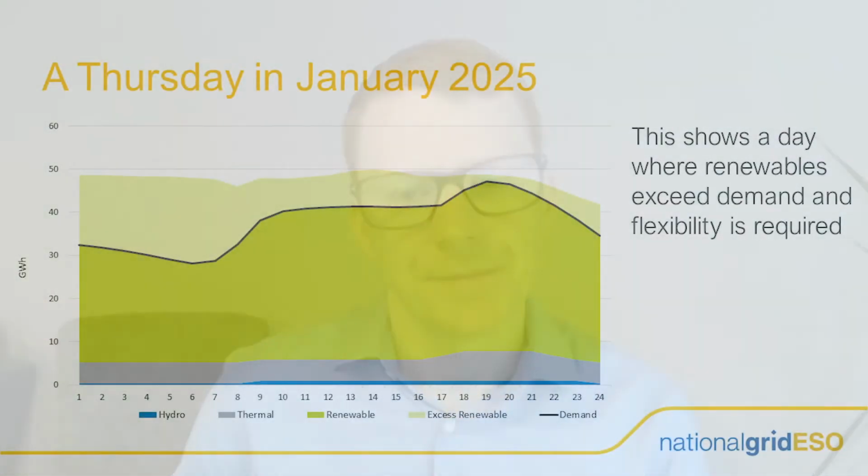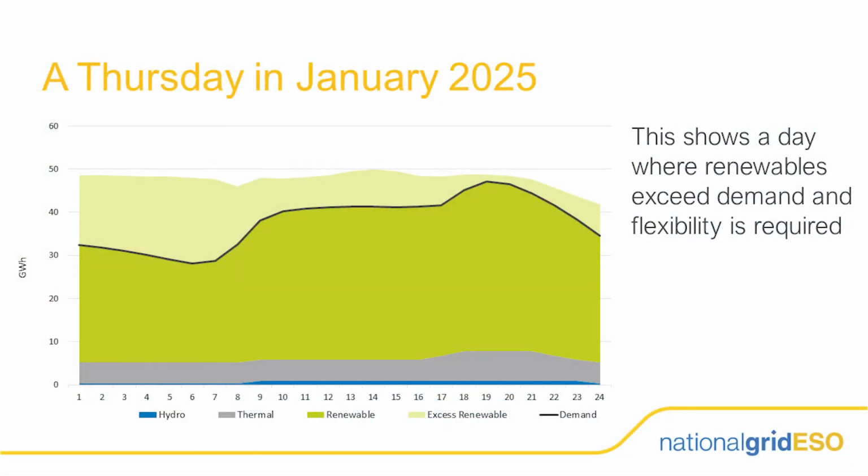Now, to demonstrate the importance of flexibility, we're looking here at an example day in January 2025. This shows a day where renewable output exceeds demand. We see the demand across the day, shown as the black line, whilst the colours then show the generation used to meet this demand. There is some excess renewables, and that's shown in light green.